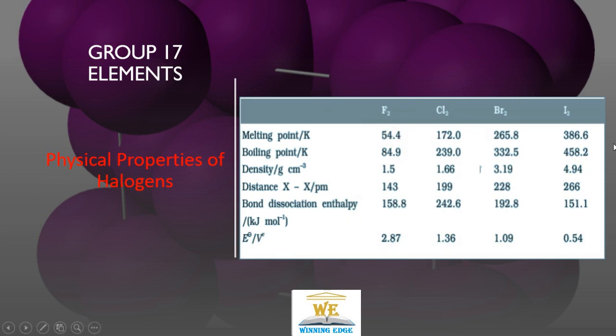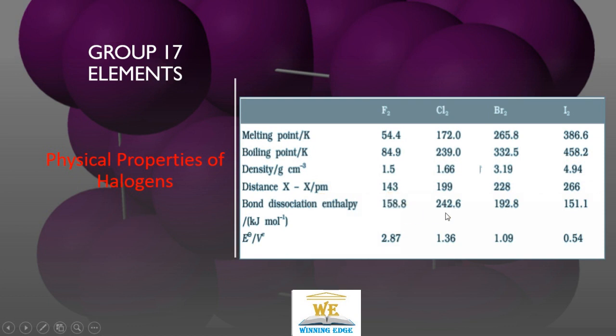The melting and boiling points keep on increasing because of enhanced van der Waals forces that increase with increase in atomic size. Density again increases down the group. Interatomic bond length obviously will increase down the group. Bond dissociation energy will reduce.